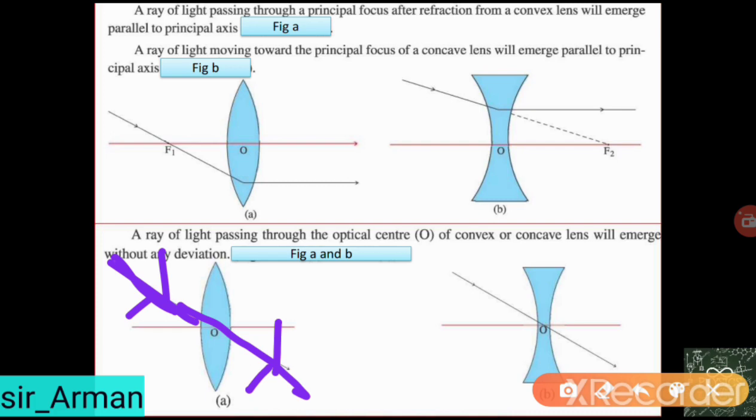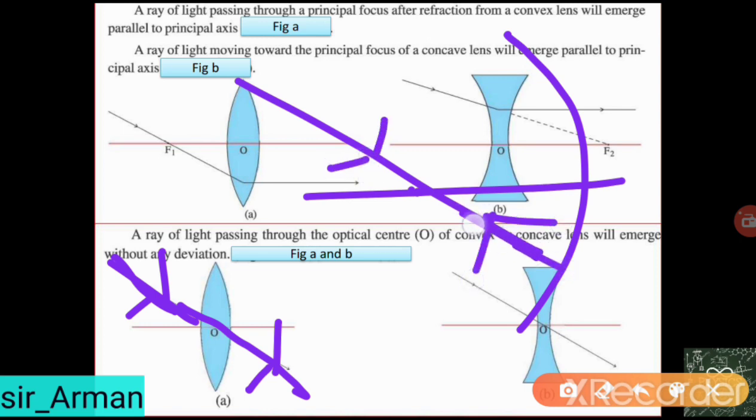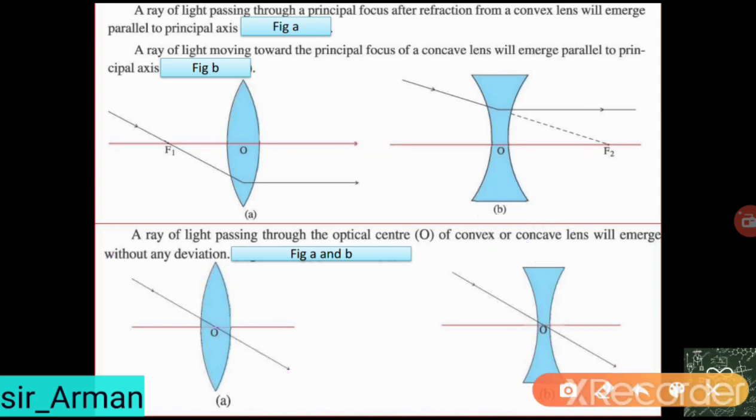If you pass the ray through the center of curvature of a concave mirror, then after reflection the ray again traces back the same path. Here the ray is refracting, that is, it is passing but without deviation. Similarly here, if you direct the ray through the optical center of a concave lens, then after refraction it will pass undeviated. So these are the 3 rules which we are going to use.